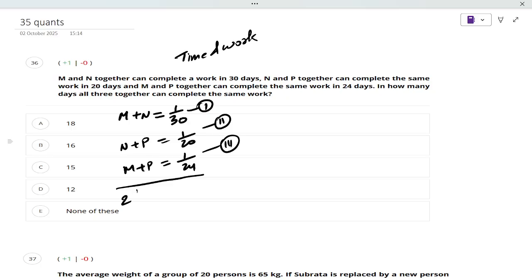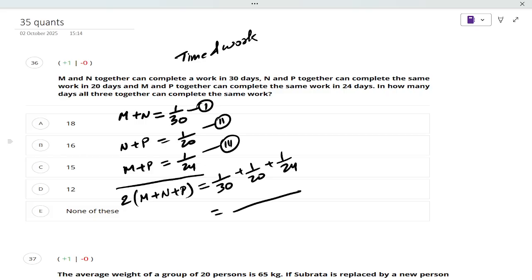So if we take common, on the left hand side we'll get 2 bracket m plus n plus b. On the right hand side, 1 by 30, 1 by 20, and 1 by 24.